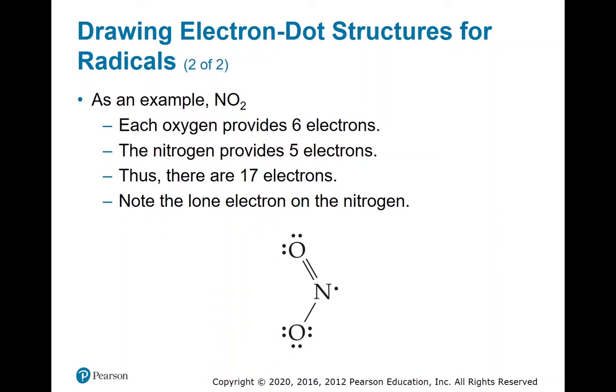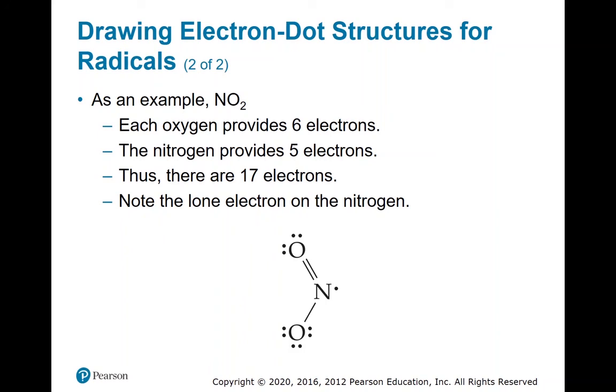Nitrogen forms 3 bonds generally, oxygen only 2, and nitrogen's less electronegative than oxygen as well, so it's a better candidate for the central atom. So you put the nitrogen in the middle, we attach the 2 oxygens to it, we complete the octets of the oxygen atoms, and we end up with exactly 1 electron remaining to put on our nitrogen in step 4.